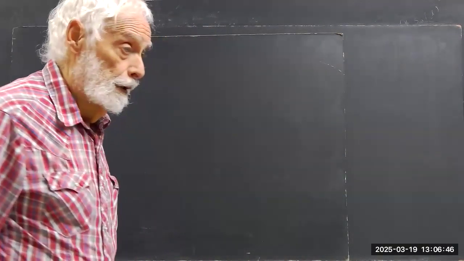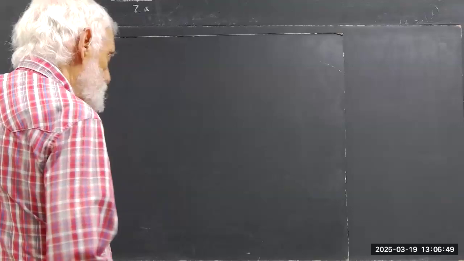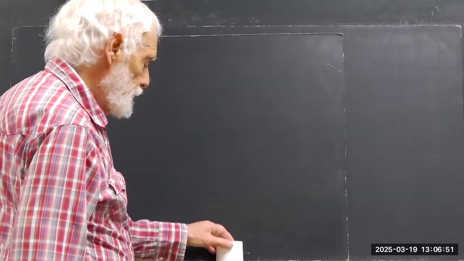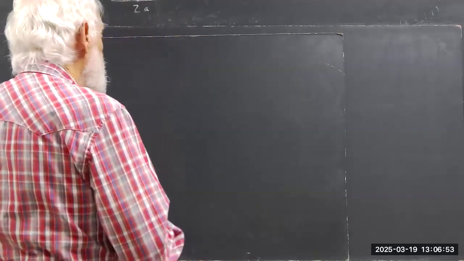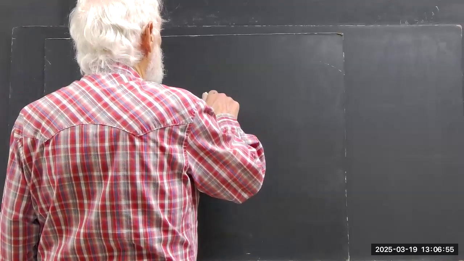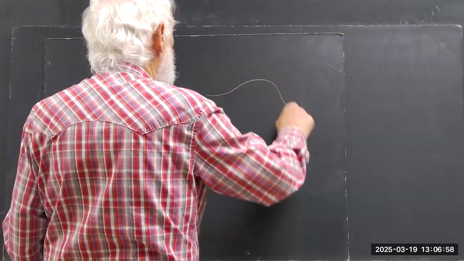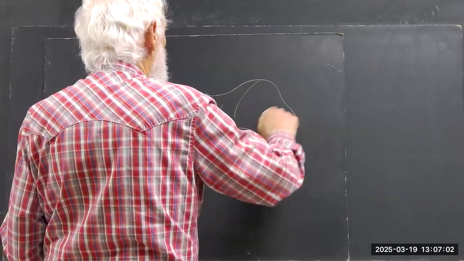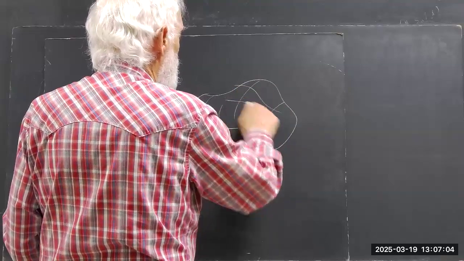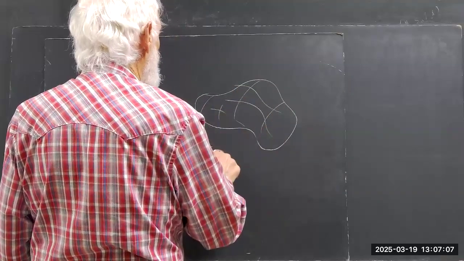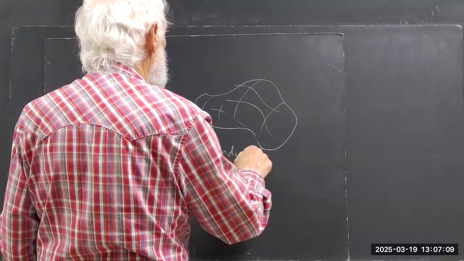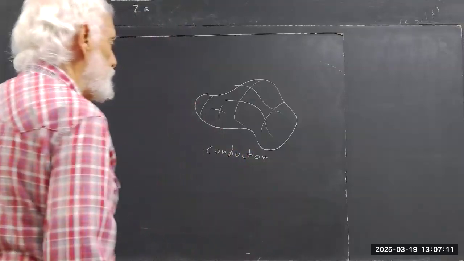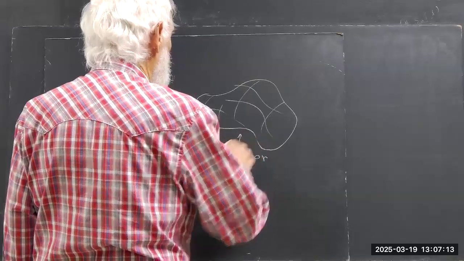So I'm trying to think where we'll go with this. Okay, there's another situation, the book tells you about it, and it is kind of the motivation for this. You've got a conductor here.